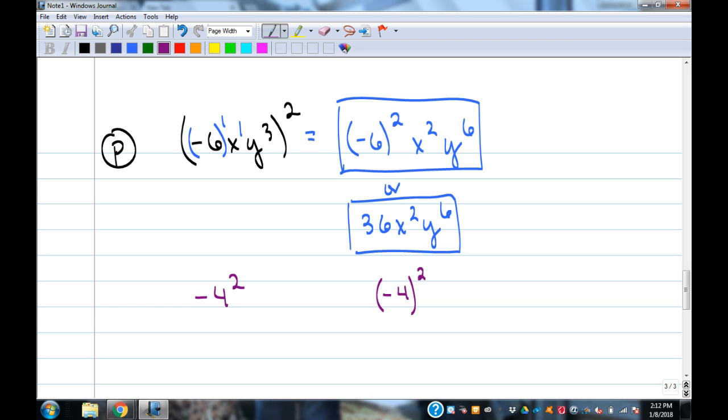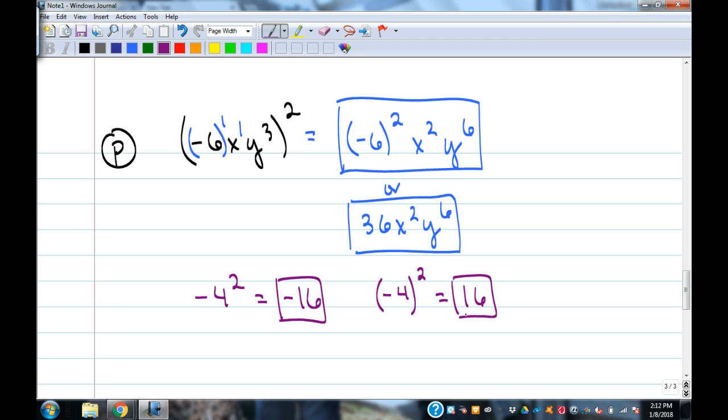Okay, this one, the negative is not part of the base, so we're squaring 4 and then making that answer negative. So this one has an answer of negative 16. But what's squaring negative 4 do? It's negative 4 times negative 4. Negative times a negative is a positive. So this is positive 16.